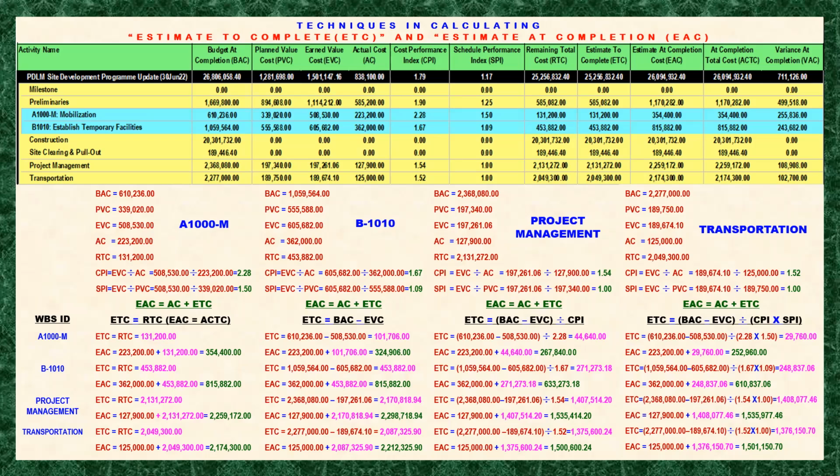So if the current performance is more likely to continue in a favorable trend, meaning it is currently ahead of schedule and cost underrun, then the project or work package is more likely to be completed ahead of schedule and with cost underrun by maintaining the current effort as it is. Okay?